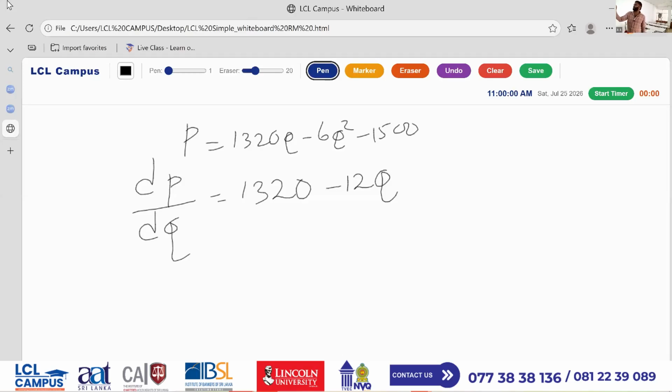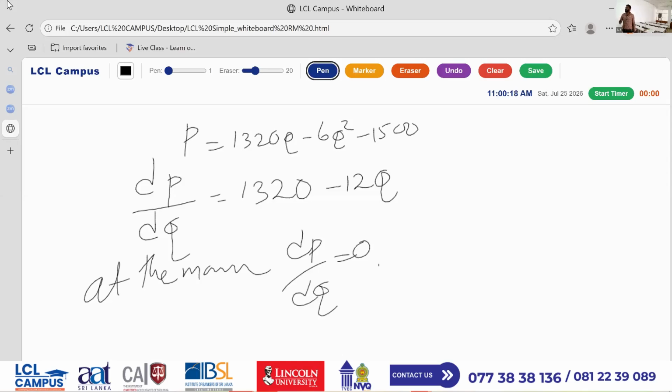After that, you want to mention what? At the maximum point, what happens? dP by dQ equals 0. Can you tell me the reason for that? Maximum point means like this point.